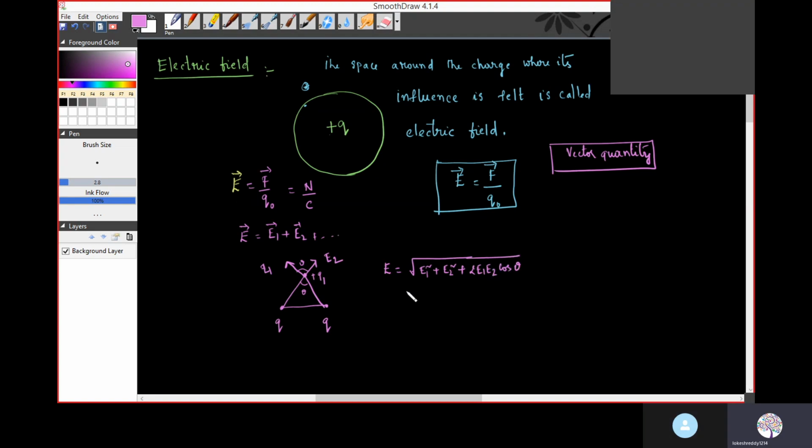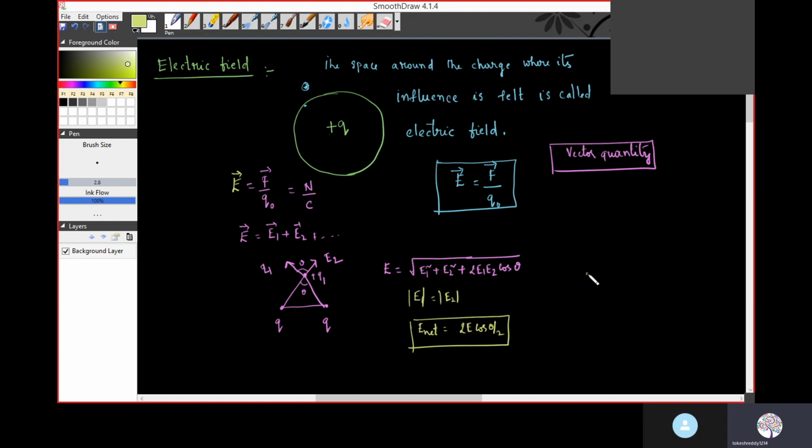Here, if I take Q and Q, E1 is equal to E2 magnitude-wise. Then E net is equal to 2E cos theta by 2.